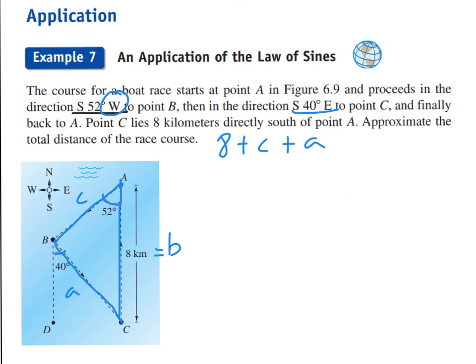Now, I'm jumping back out of that area formula we just did. So be clear, that gives you area. This problem isn't going to have anything to do with that because I don't want the area formed by the course. I want the length. So I'm just going back to my regular law of sines.